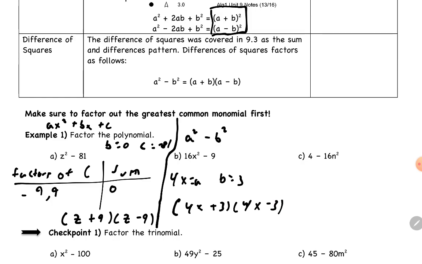Let's look at another one. 4 minus 16n squared, so this is supposedly a squared minus b squared. What's going on here? My a value would be the square root of 4, which is 2. My b value would be the square root of 16, which is 4n.